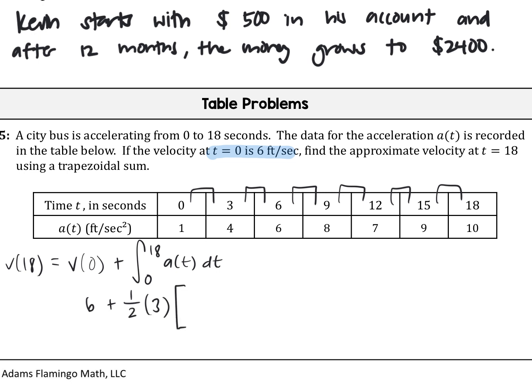And then your formula, remember you multiply by the sum of the bases. So I've got 1 plus 4, that's going to give me 5, plus 4 and 6, which gives me 10. Add these things together. Be careful you don't add incorrectly. 16 and 19.